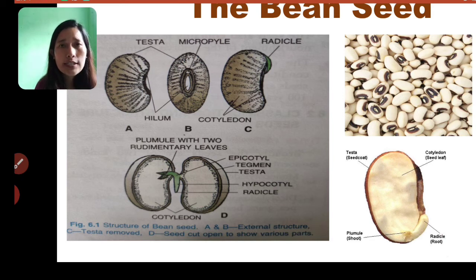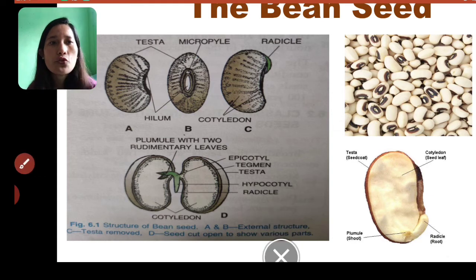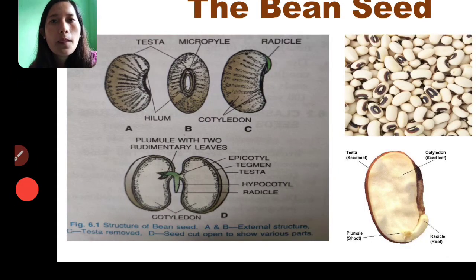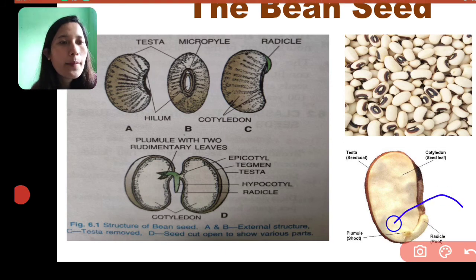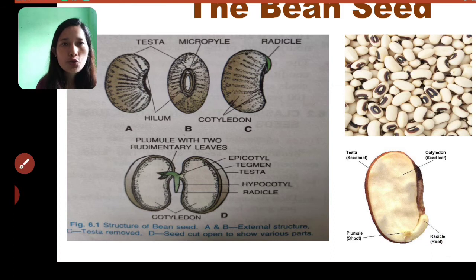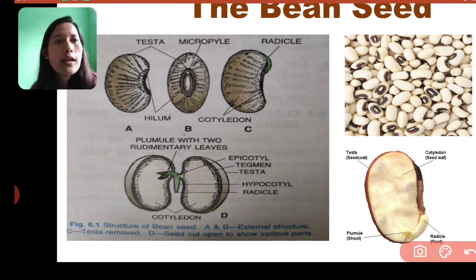Now if you soak a seed overnight, and next day you open the seed coat, inside the seed you will be able to visualize a baby plant or embryo. Now your embryo has two regions, radicle and plumule.